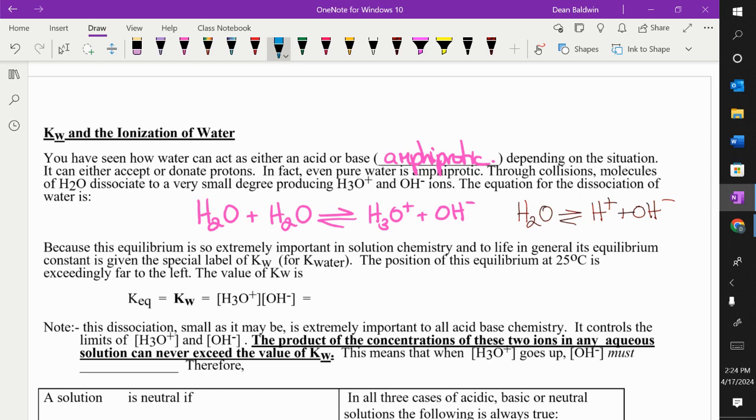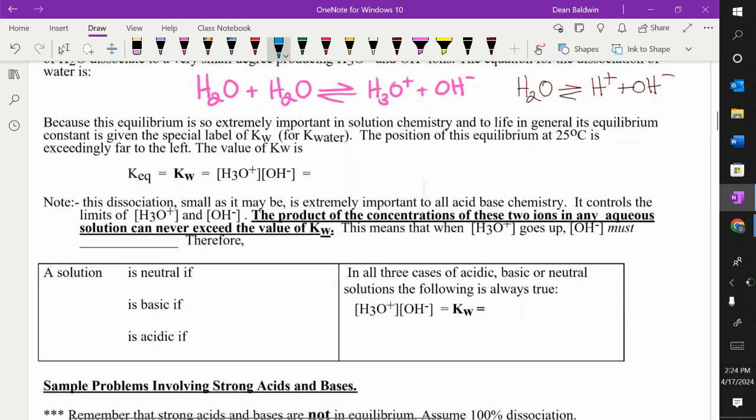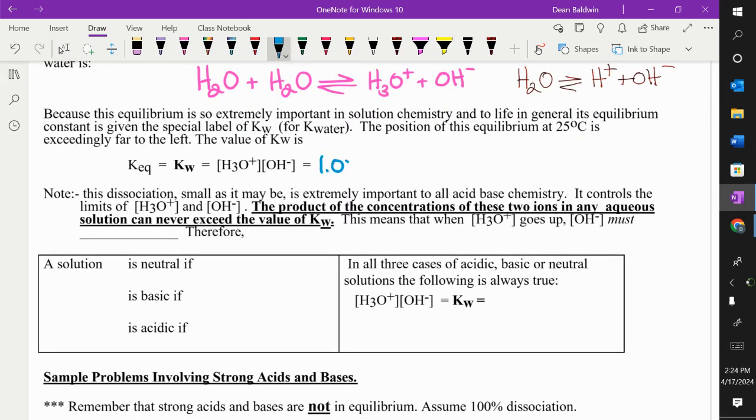Because those are like pure liquids, so we don't worry about them. You don't need to say Kw of water, because that's the equilibrium constant of water. Multiplying the concentrations together, it is 1.0 times 10 to the minus 14.